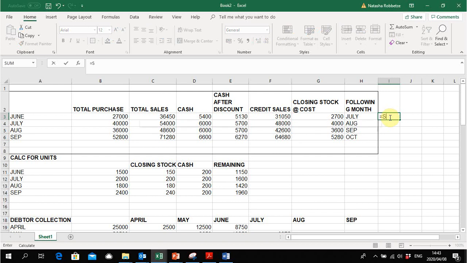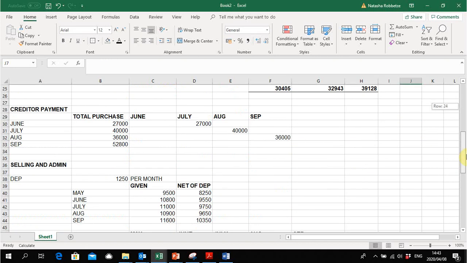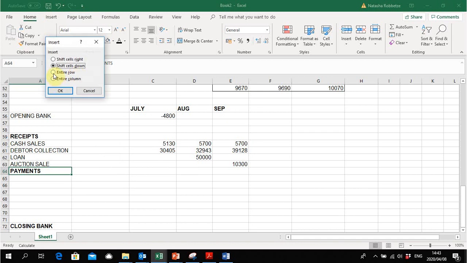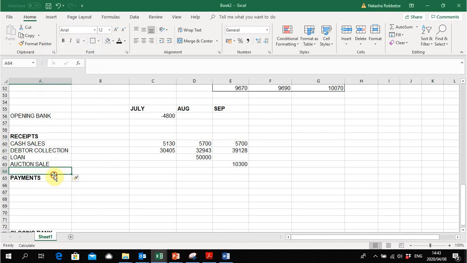So it is basically the sum of those three, 10,300. Right. I just want to insert a row here so that you can see properly.